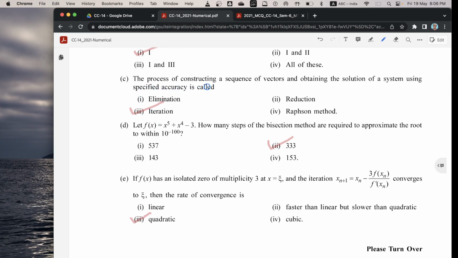C. The process of constructing a sequence of vectors and obtaining the solution of a system using specified accuracy is called: elimination, reduction, iteration, or Raphson method. Here, correct option is 3.